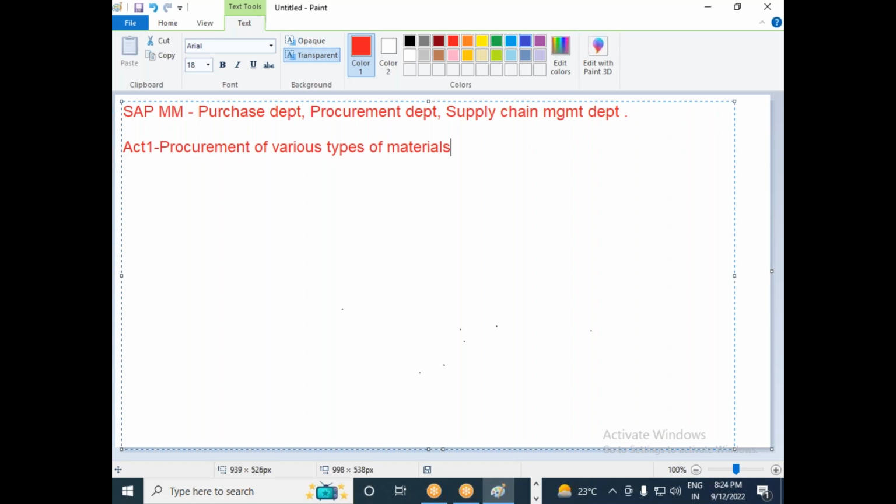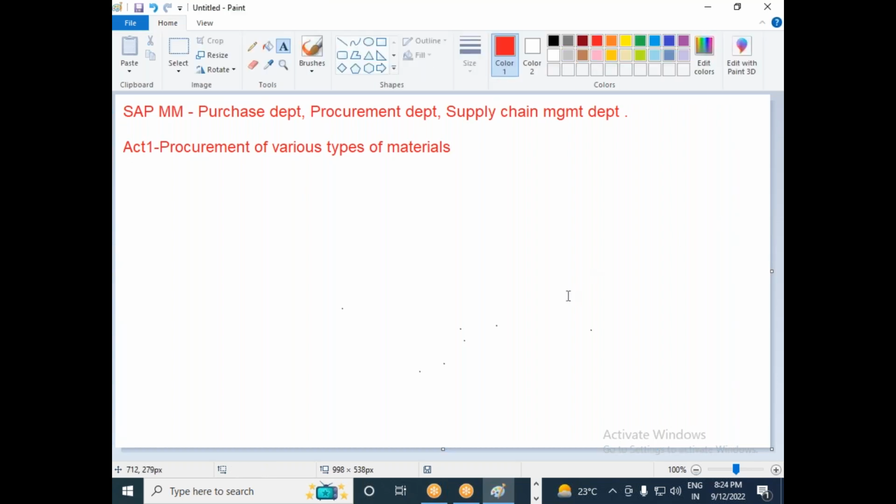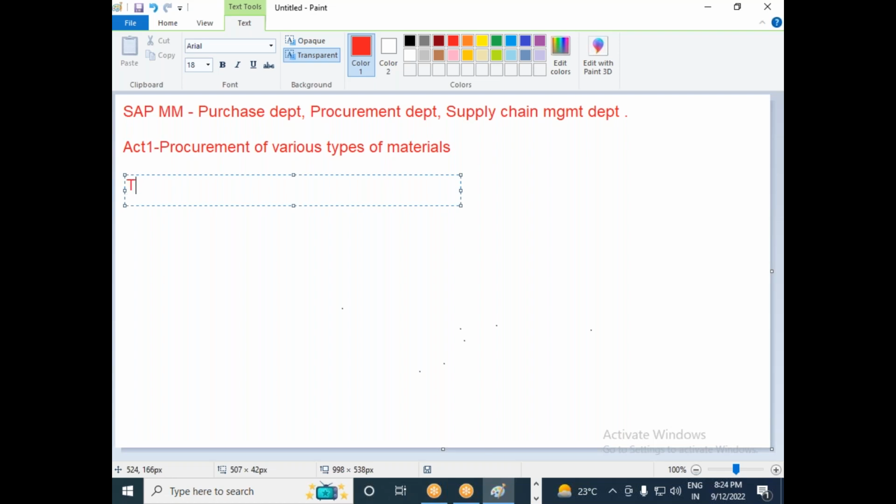Okay, let me explain. Procurement is nothing but, I will give one example. Let us say I will take an example of the Tata Motors Private Limited Company. Let us say I have a Tata Motors manufacturing plant, Pune. So we already know there is a Tata Motors manufacturing plant located in Pune.